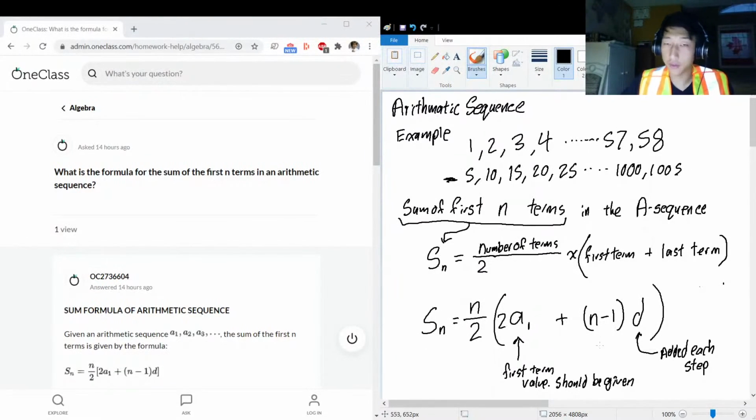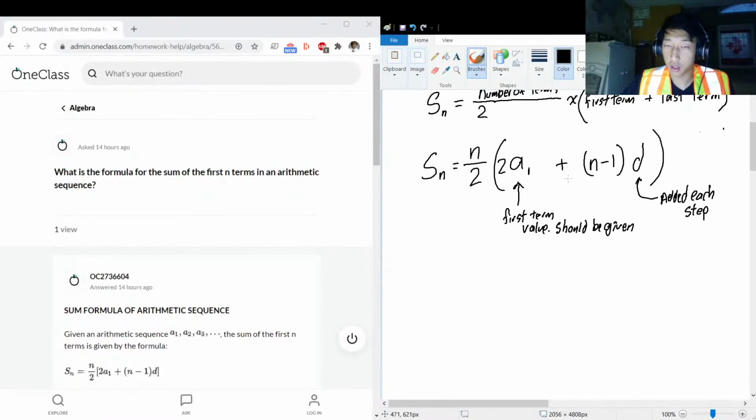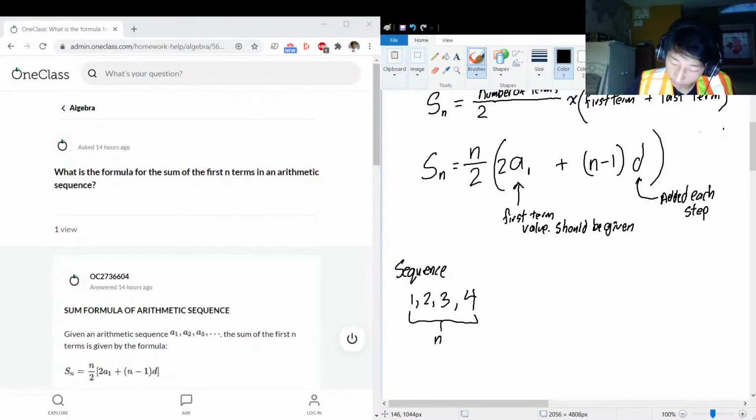Okay, so let's do our first example here. Let's use this equation if our sequence is 1, 2, 3, 4. We know that n is equal to 4 and d is equal to 1, because we're adding 1 to get to the next term.